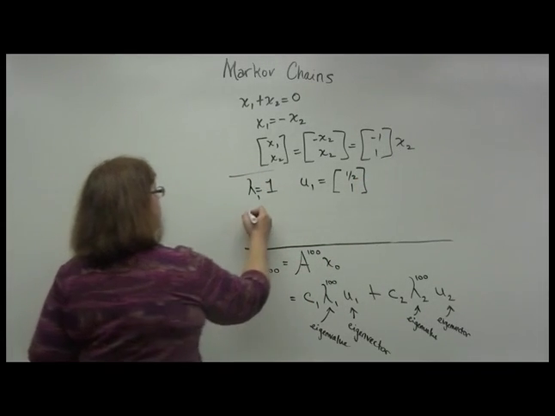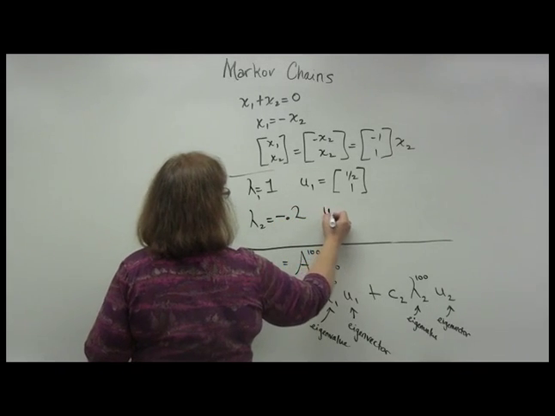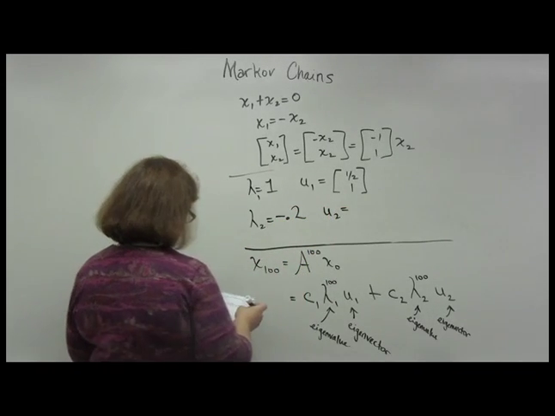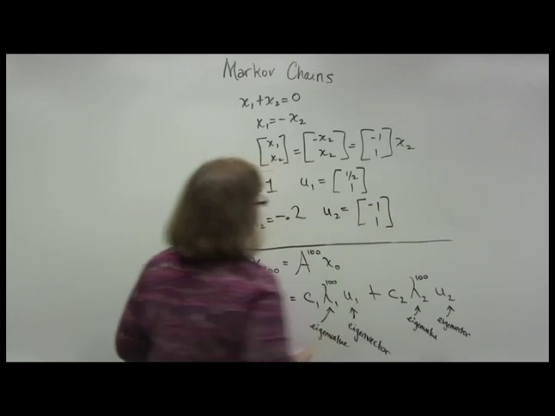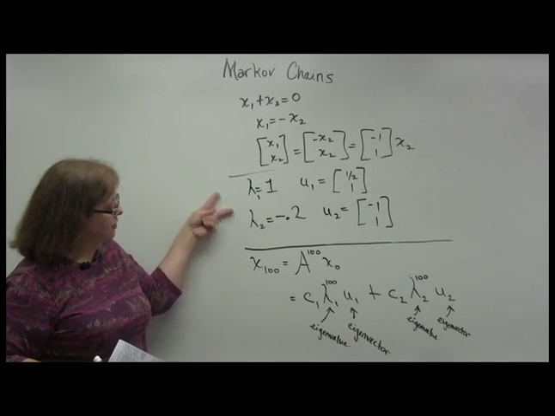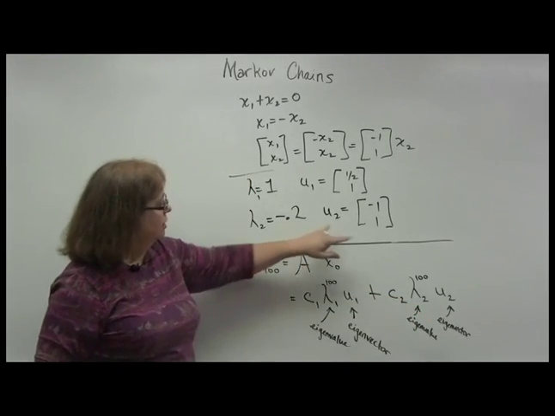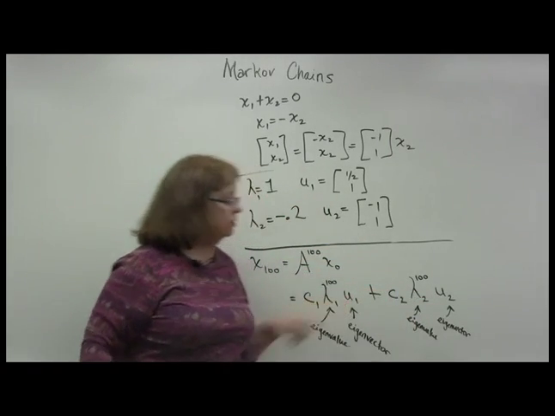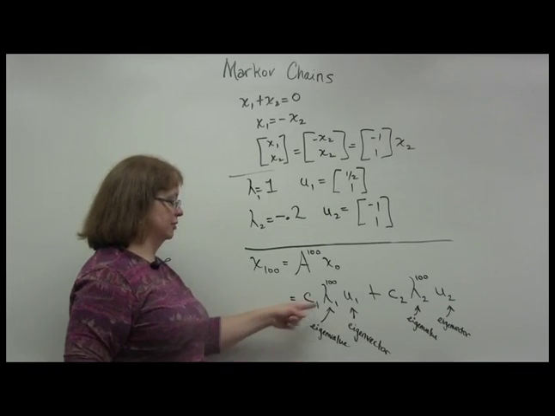And then for my lambda sub 2, which was negative 0.2, I'm going to use u sub 2 to be negative 1, 1. Okay, so I've got my lambda values to go into this equation, and my u values. What's the one thing I'm missing? C sub 1 and C sub 2.